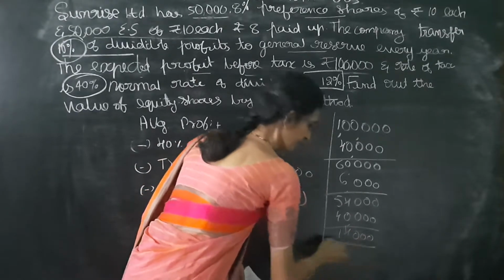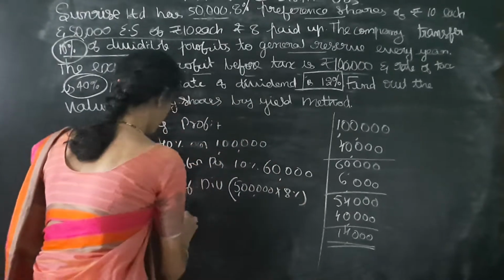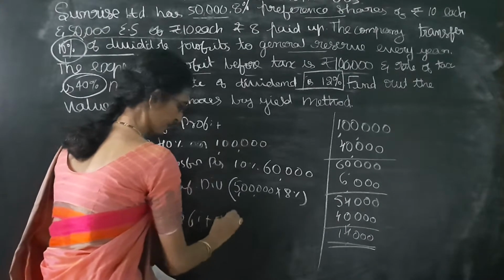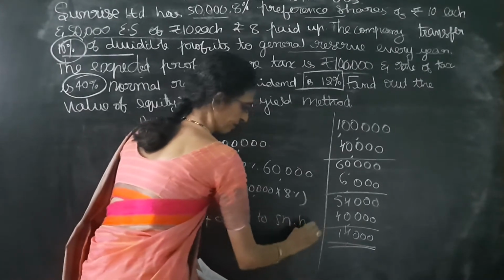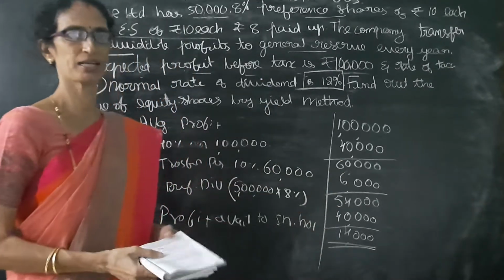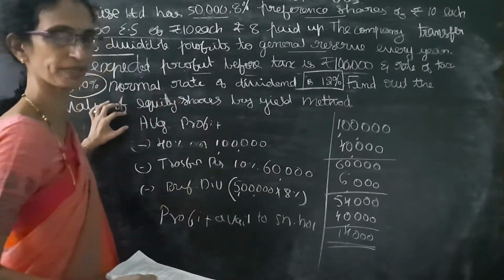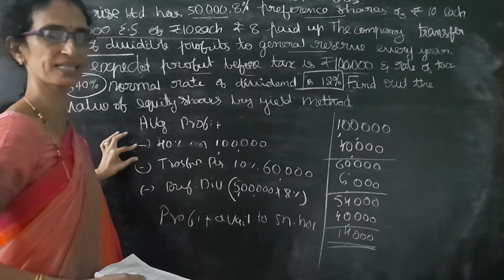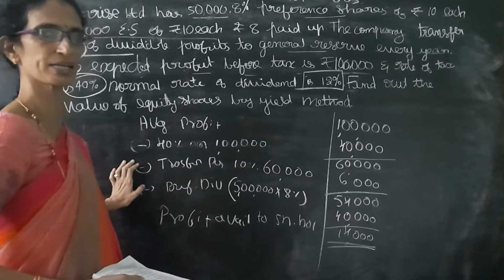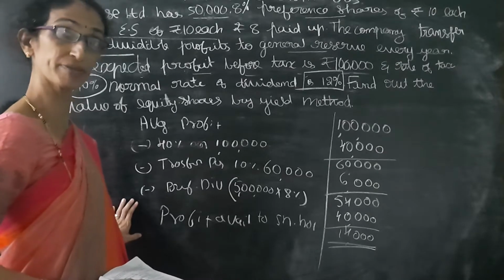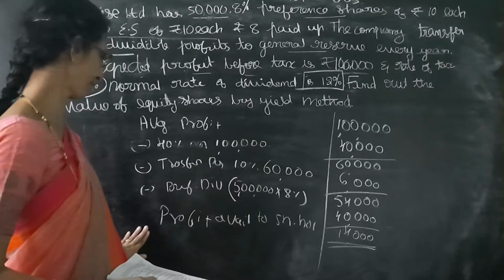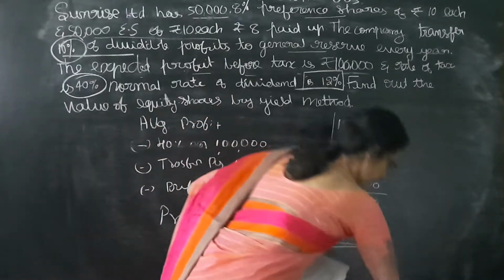This is the profit available to shareholders. So from the average profit, we have to first deduct tax, then deduct reserve, then deduct dividends on preferred shares. Then we get profit available to shareholders.